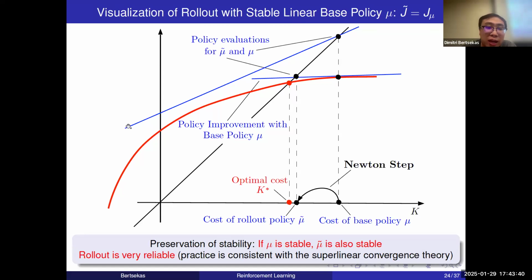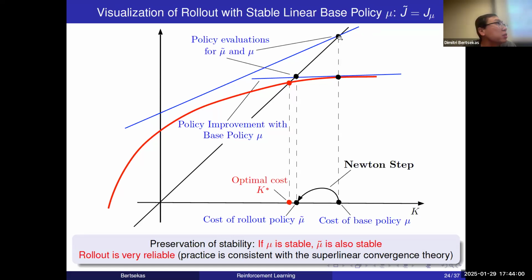Suppose that this is the Riccati operator of a base policy, mu. We first calculate the cost function of mu by inspecting the intersecting point of its Riccati operator and the 45-degree line.